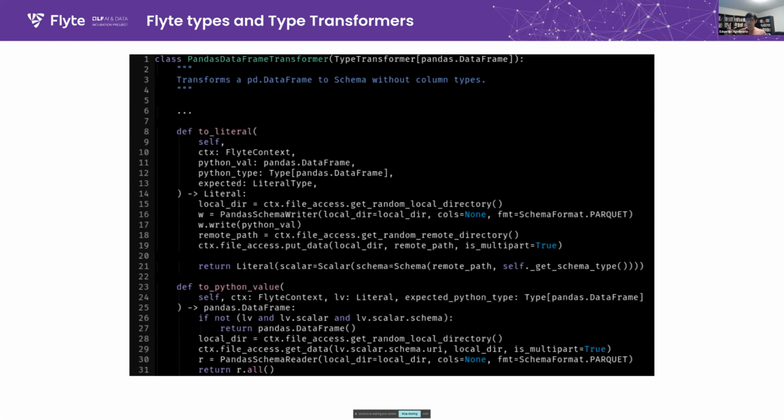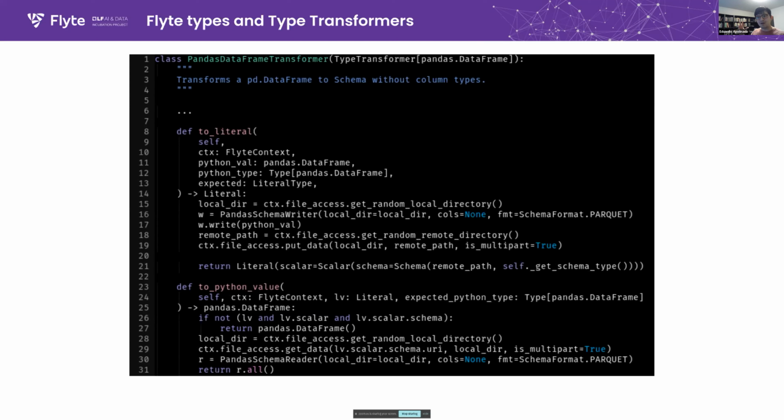Remember, we map native values to Flyte types, and those Flyte types are what we call literals. And if you squint, forget about all this code, but just look at line 21. Look at what we're doing in line 21. We're returning an object of type literal that takes as input a schema, and the schema has a remote path and some type.